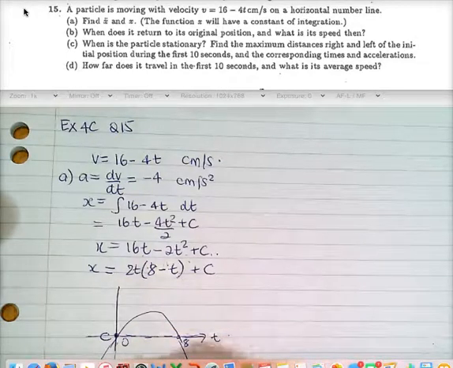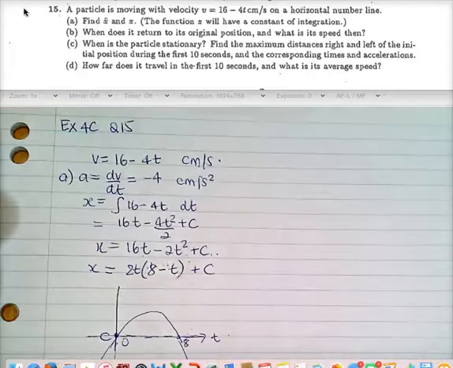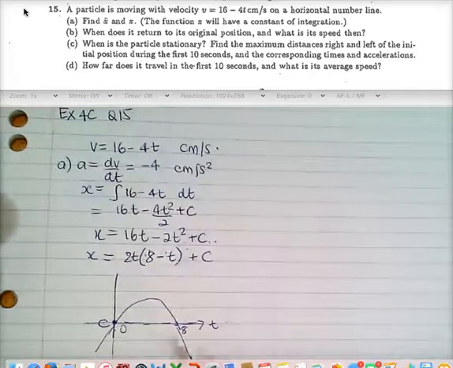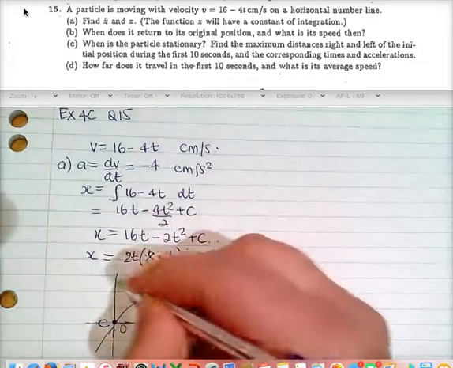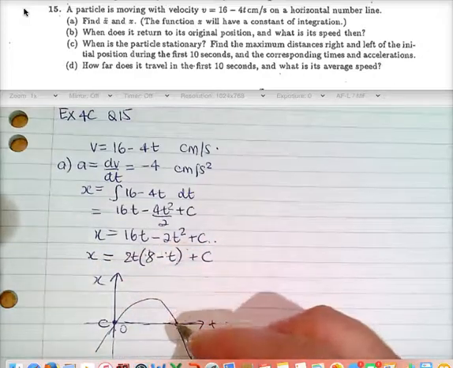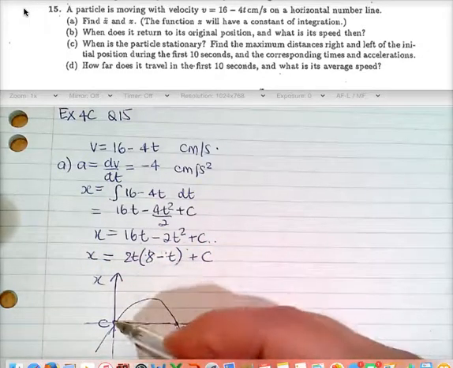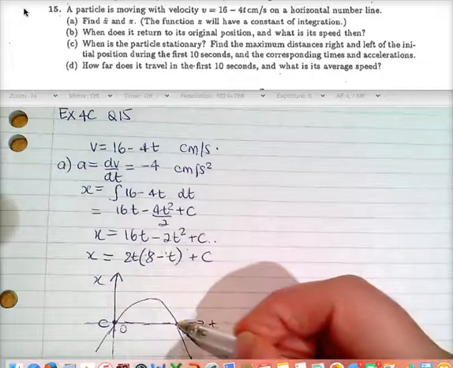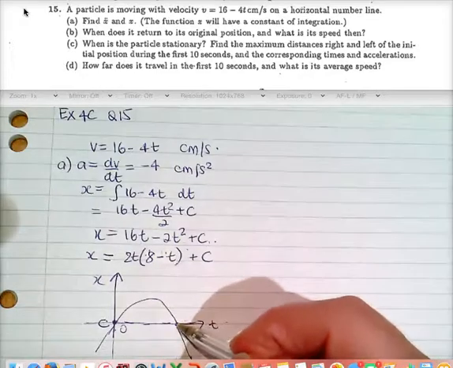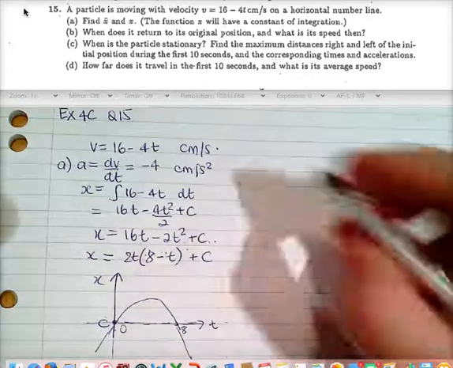My axis could be down here somewhere, it wouldn't matter. I know that I get back to the same position of x, regardless of what c is, when t is 0 and t equals 8.